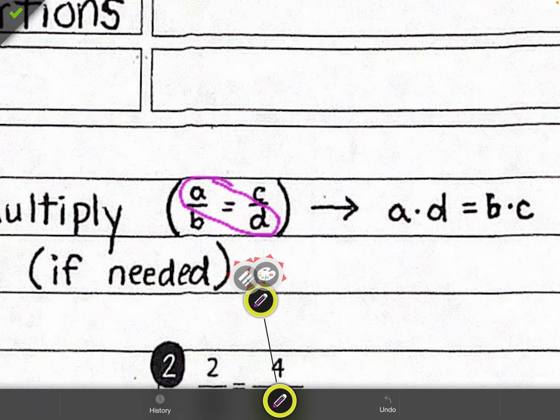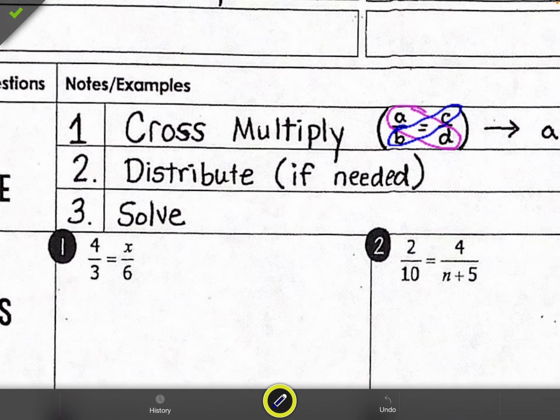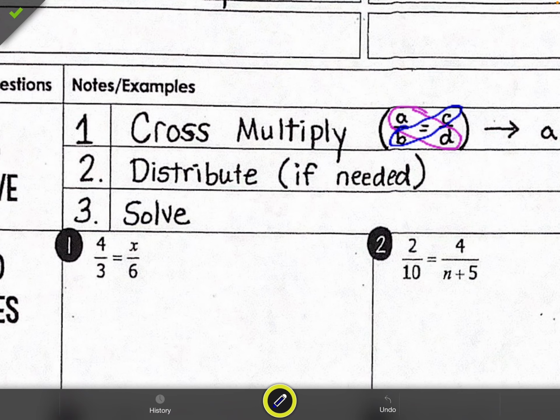So let me change colors. And we're going to say B times C. So once we do that, if we have any parentheses, or you'll see in a minute, if we need to distribute, we distribute, and then we just solve it like we have been all week.